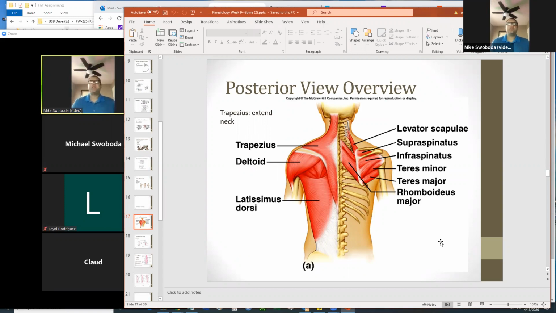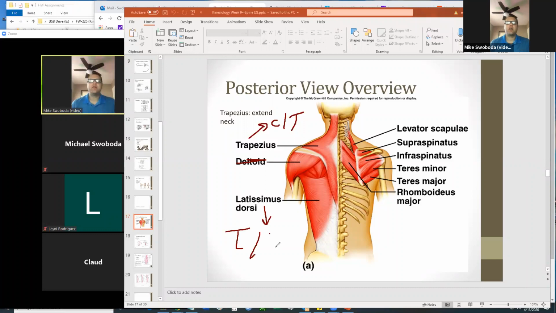Just as the traps always move the scapula, the traps will also always move the C-spine and the T-spine. Deltoids, really no. Lats are going to be T and L. Levators are going to be C. Supraspinatus, infraspinatus, teres minor, teres major, nope.